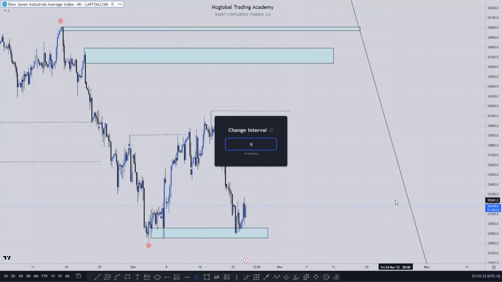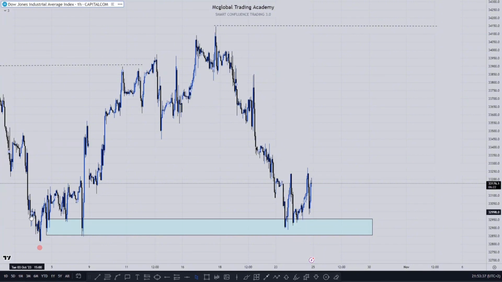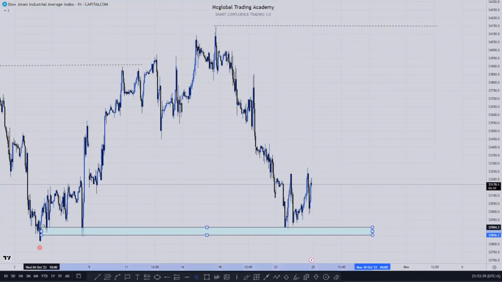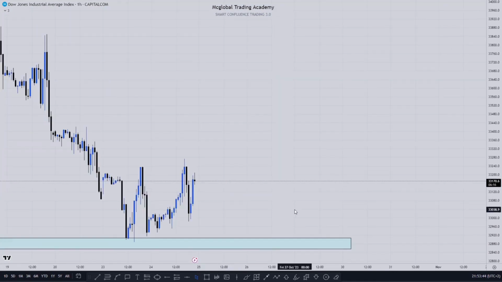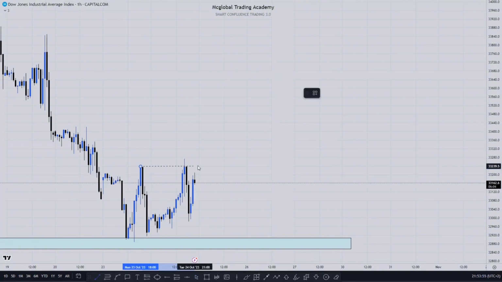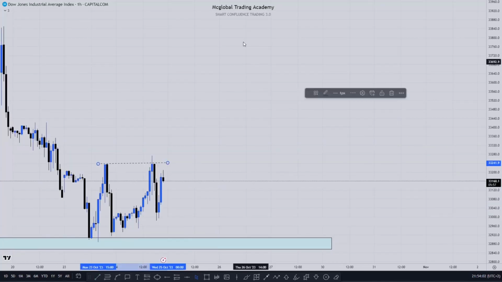So going down to the 1 hour, I'm not just going there to identify a proper entry for my trade, right? In this case, they came to this high and failed to break, which is a bit of, I can't really say an issue, but we want them to break there.